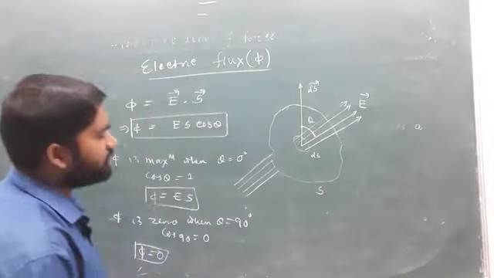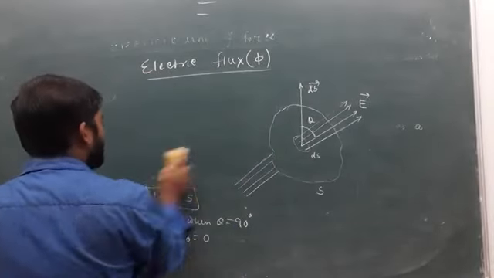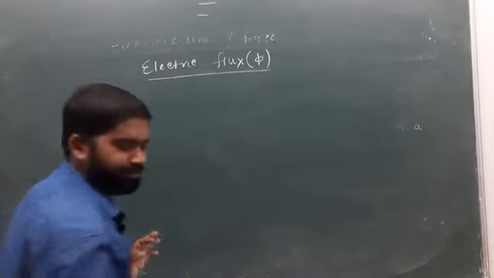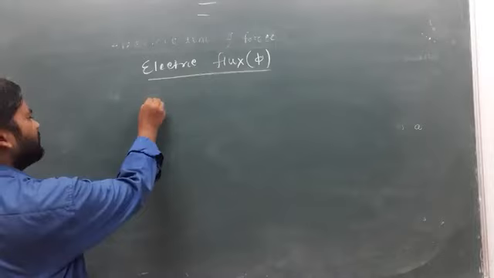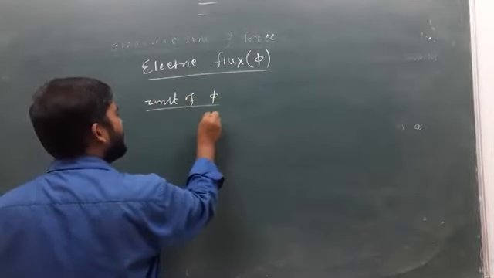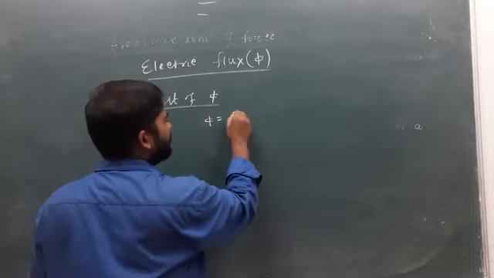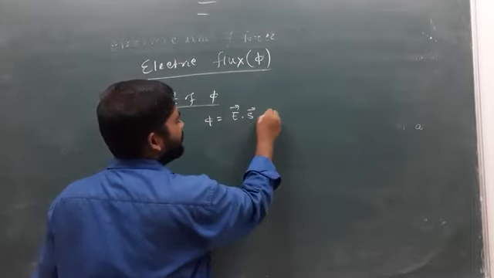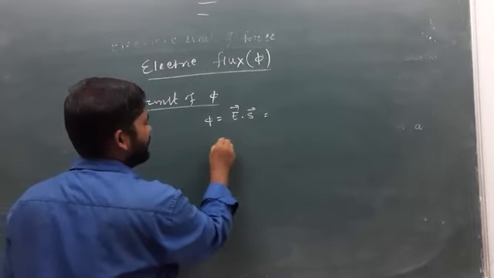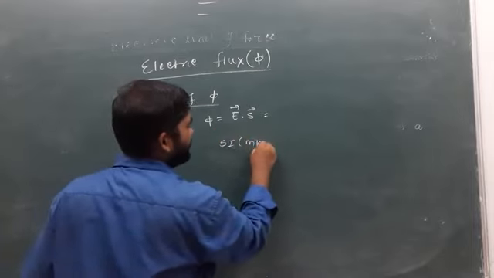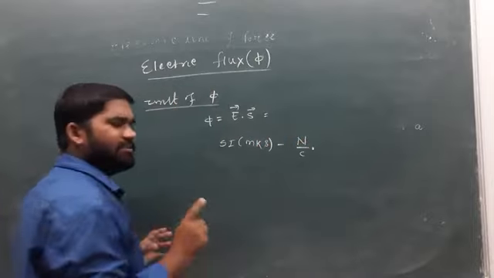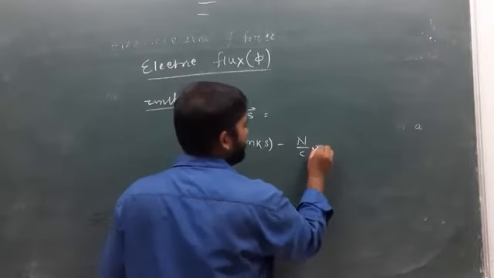What is the unit of electric flux and what is the dimension of electric flux? Unit of phi: as we say phi equals E dot S, the unit of electric field is Newton per Coulomb, and S is area, so meter square.